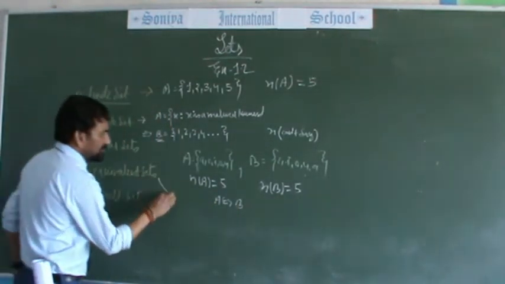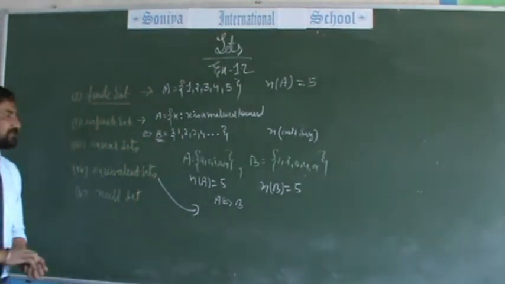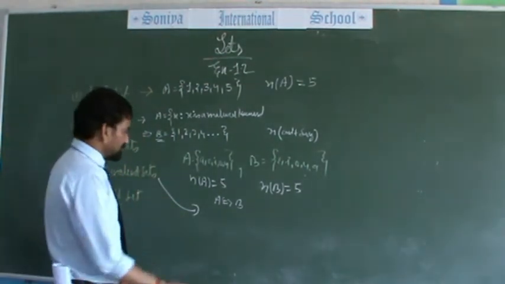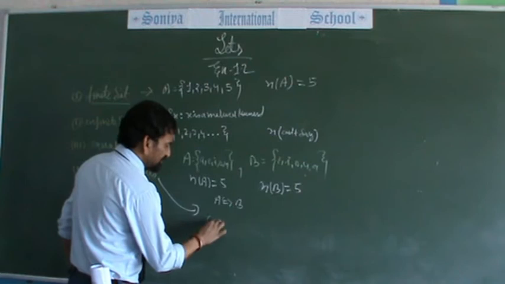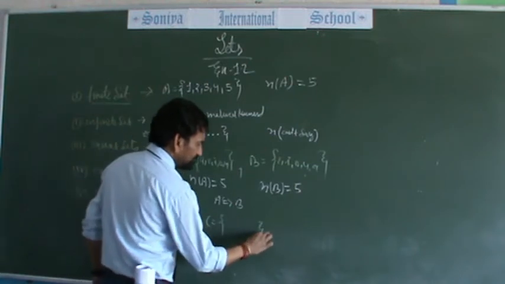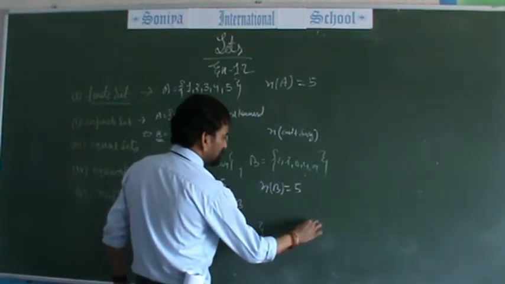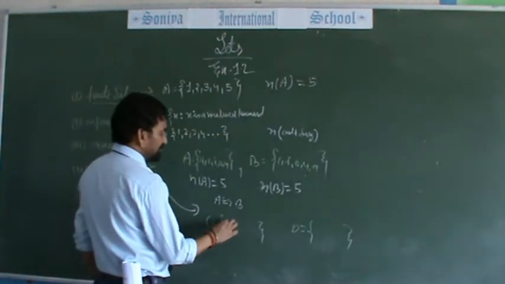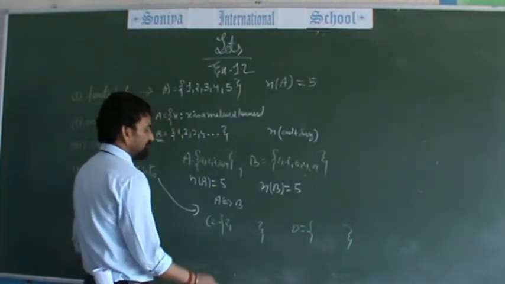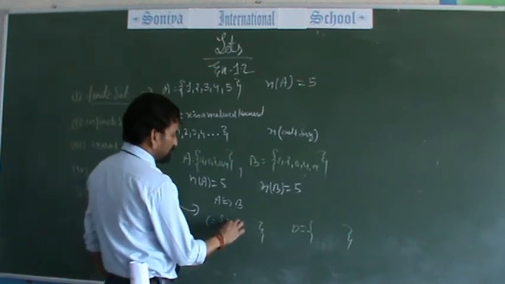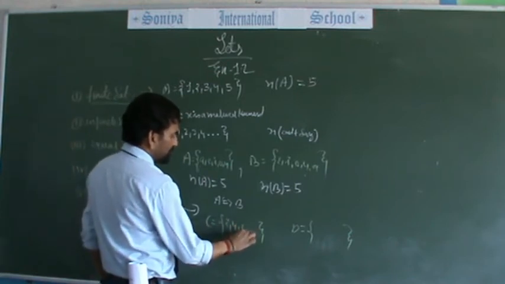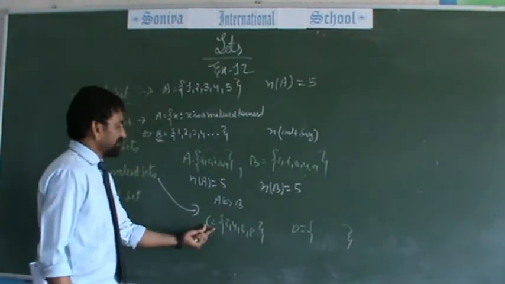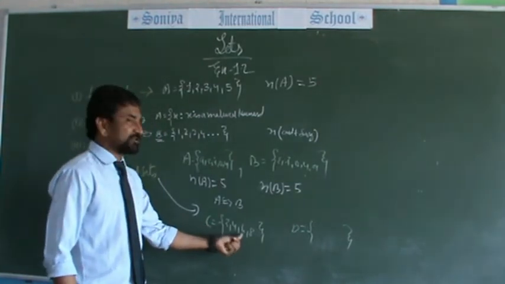Then what is the difference between equal sets and equivalent sets? Now take two other sets, set C and set D. The elements of set C are the first 4 multiples of 2, so set C is 2, 4, 6, 8.